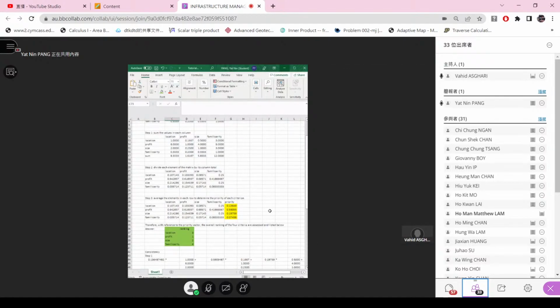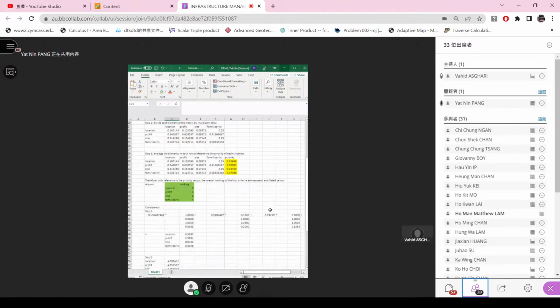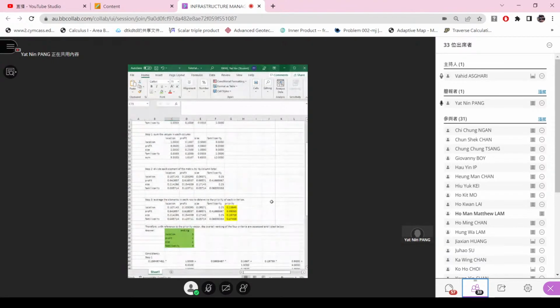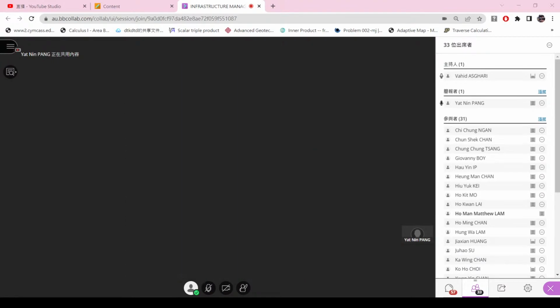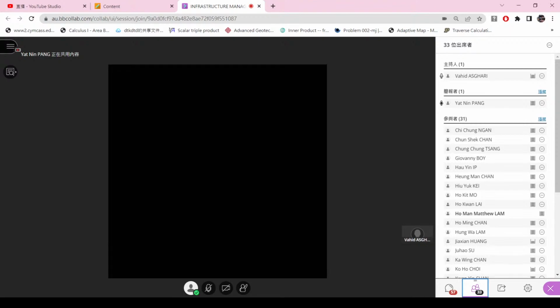Do you have TeamViewer? You mean MS Teams? No, TeamViewer. Yes, I have. Do you want me to? Can you just give me access? Okay. Can you give me access so I can connect to your computer?